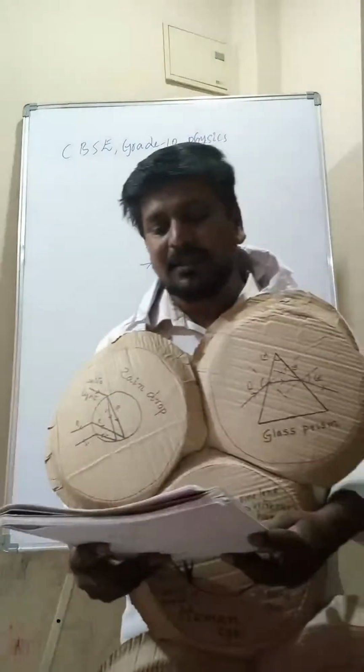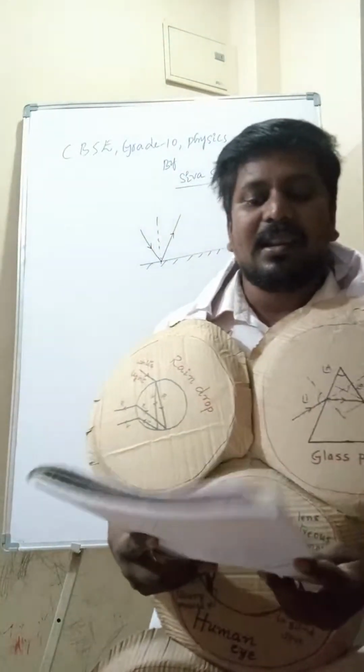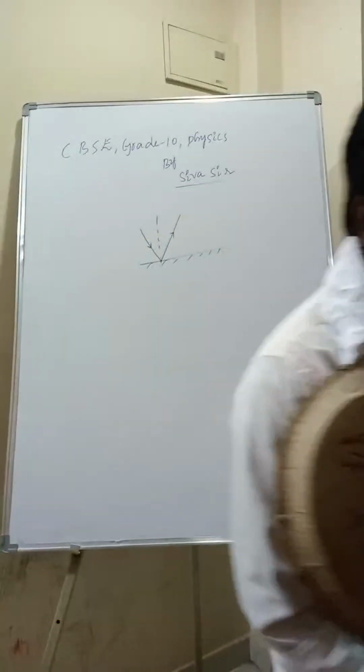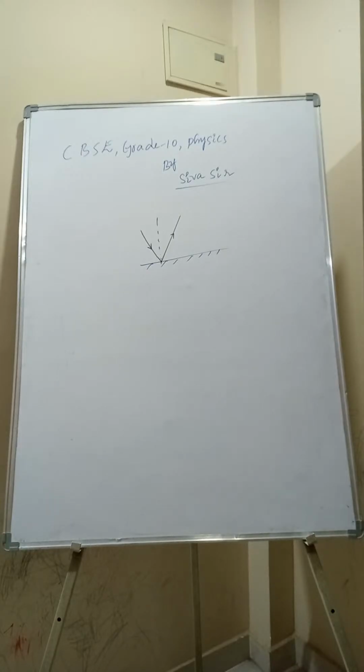I want you people to get involved with the laws of reflection. Can anyone tell the laws of reflection? If you know, please let me know. Yes, the angle of incidence is equal to the angle of reflection.